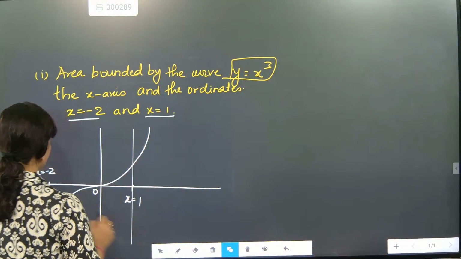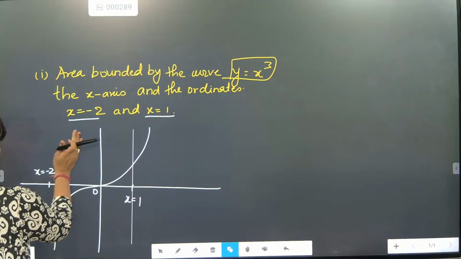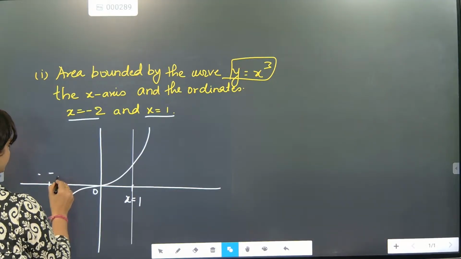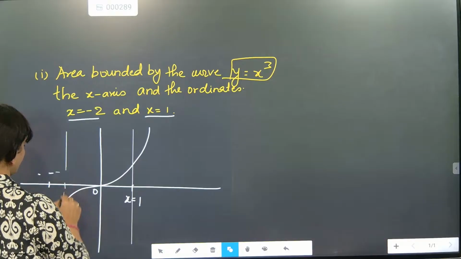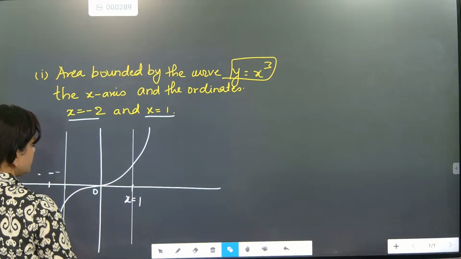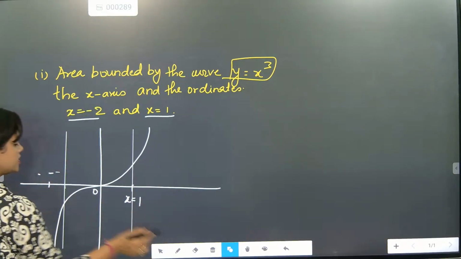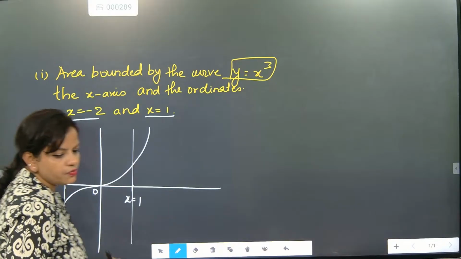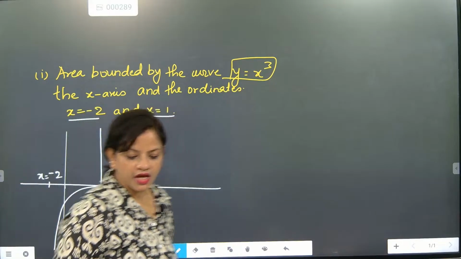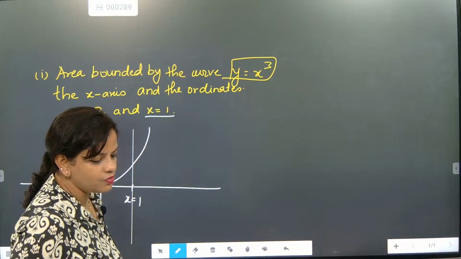This line and this part, x equal to -2, we will take it a little near, so this point we are going to consider as x equal to -2. So x equal to -2 is going to bound the region and x is equal to 1 is going to bound the region.